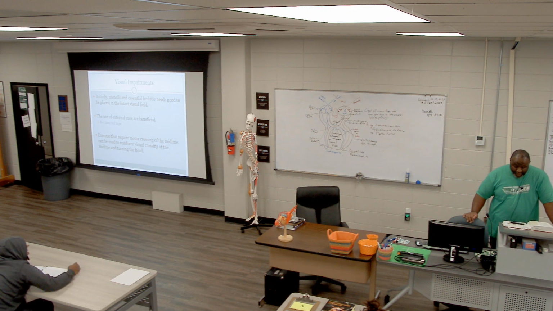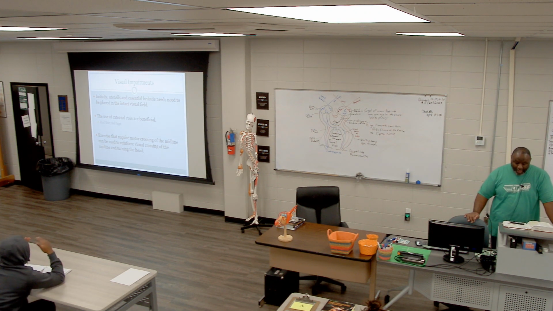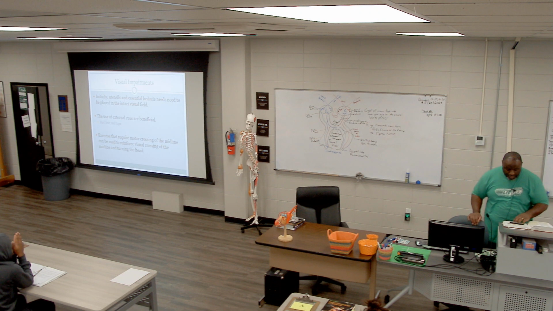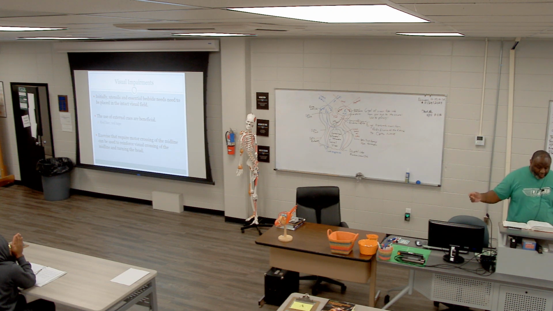In the confrontation method, the patient sits opposite the therapist and is instructed to maintain his or her gaze on the therapist's nose. The therapist slowly brings a target, such as a finger or pen, into the patient's field of view simultaneously or alternately from the right or the left. They're instructed to indicate when and where they see the target.